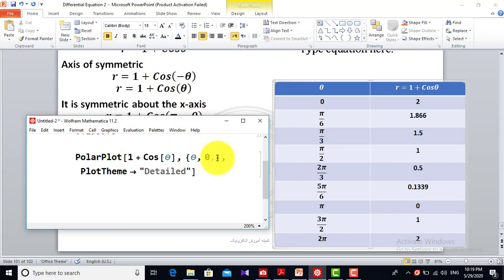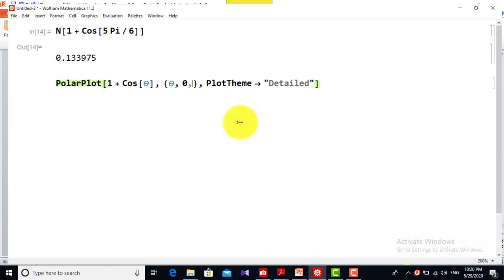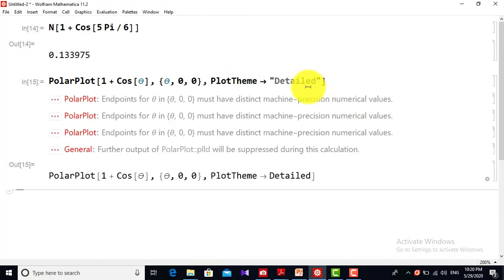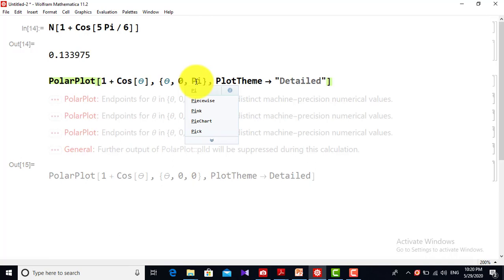So for example, I give all the values which I've got from there. For example, 0. If I give 0, this is for my 0. The next one I will be giving, for example, pi by 6.